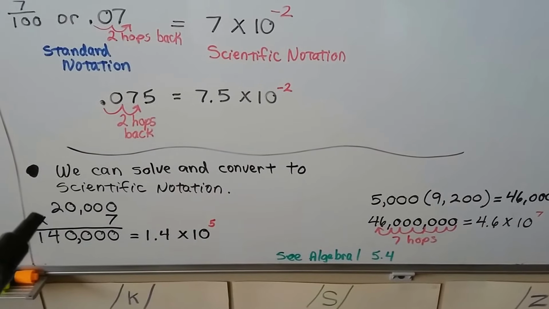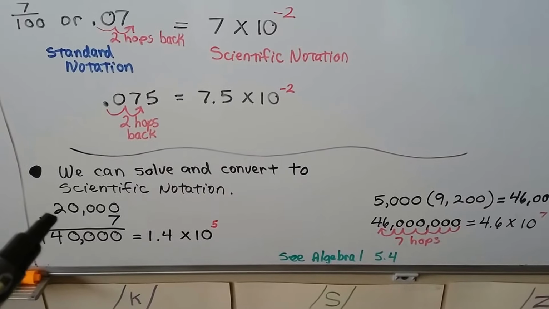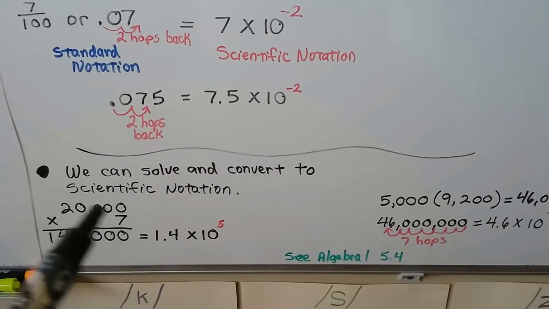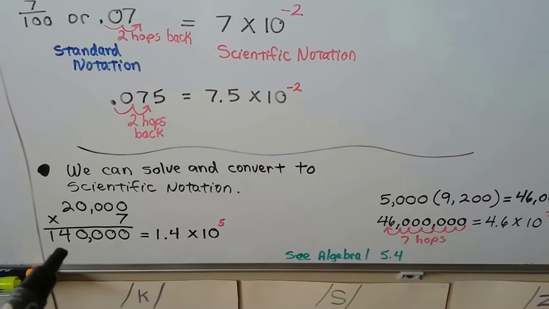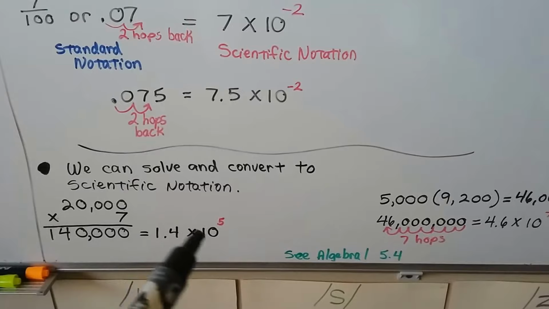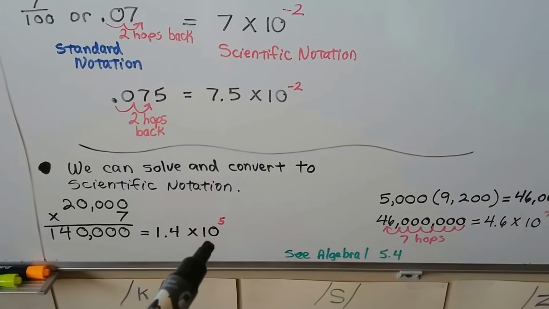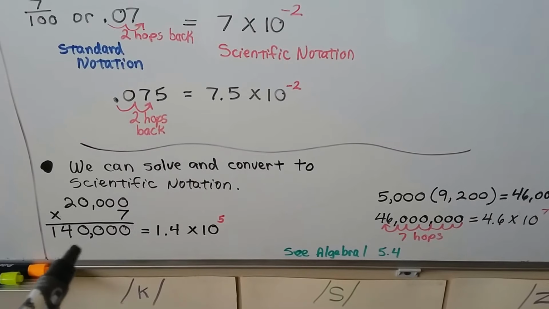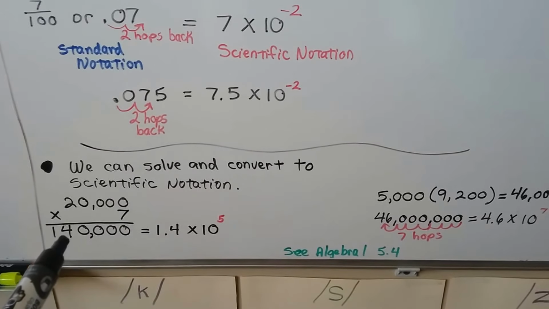If it says 20,000 times 7, and you need to write it in scientific notation, well, do the 20,000 times 7. Get 140,000. Then change this 140,000 into scientific notation, okay? That would be 1, 2, 3, 4, 5 hops to put it in between the 1 and the 4. Right? So our decimal's there.